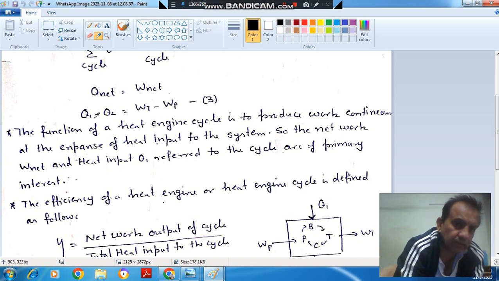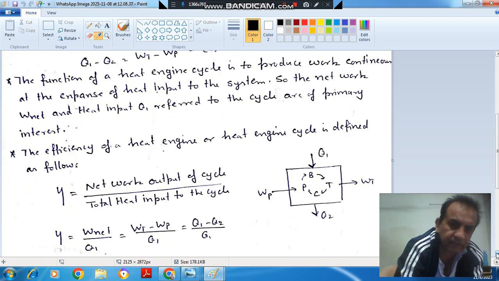Okay. So that defines one term as efficiency, that is net work output, this is WT minus WP, divided by Q1, or total heat supplied or input to the cycle. That defines the efficiency, because Q2 has to be rejected, according to second law.